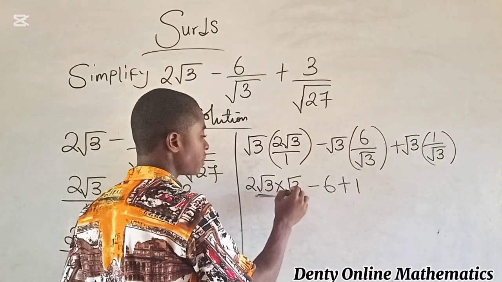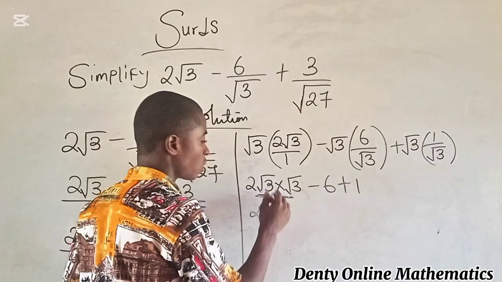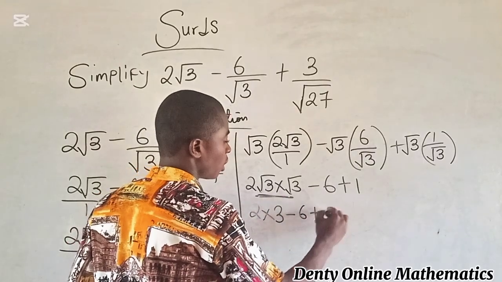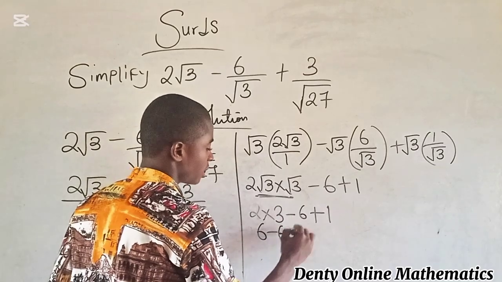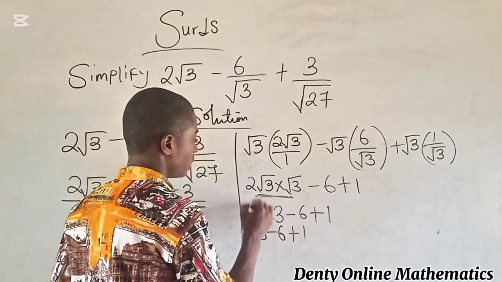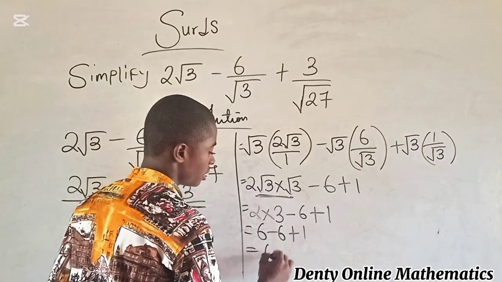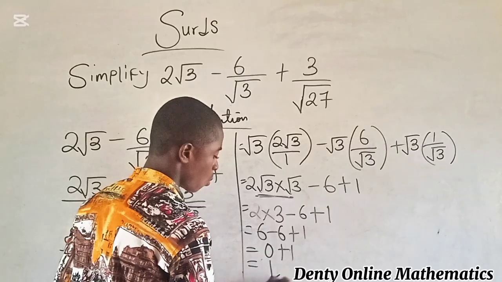So root 3 times root 3, the square root will go, and I will have 2 times one of the numbers, which is what? 3, minus 6 plus 1. 2 times 3 is 6, minus 6 plus 1. Now 6 minus 6 is 0, plus 1, which is equal to 1.